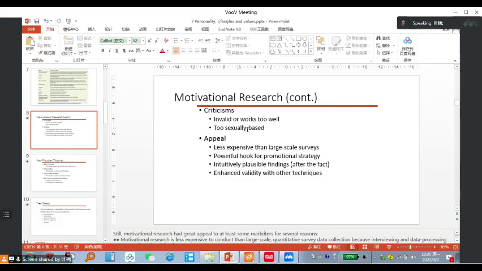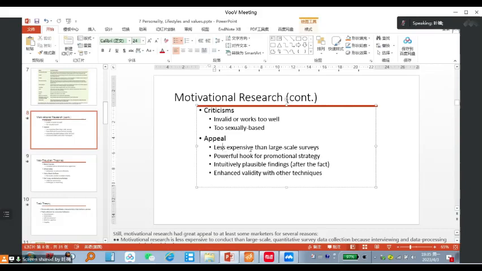But there are a lot of appeals for marketers, because it is less expensive to conduct than large-scale surveys, since motivational research usually uses in-depth interviews, which need just several interviewees.